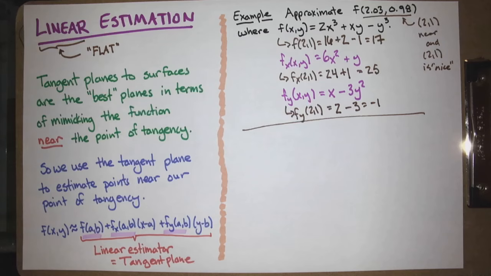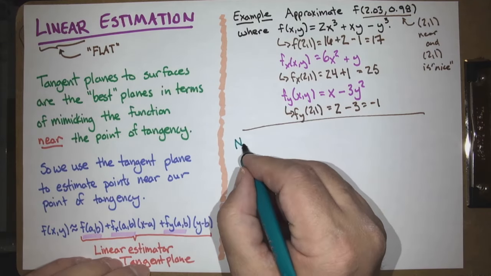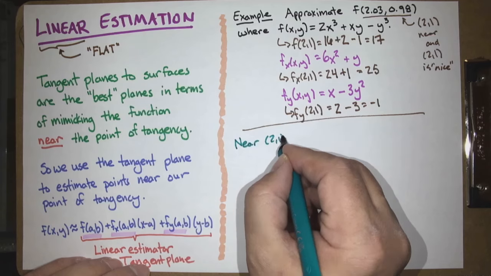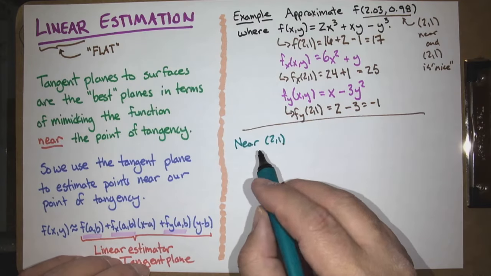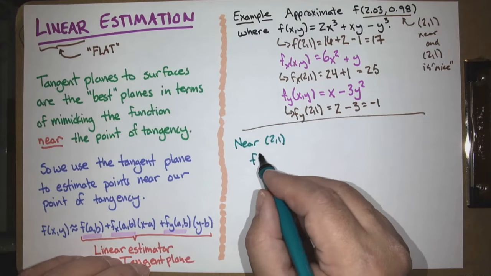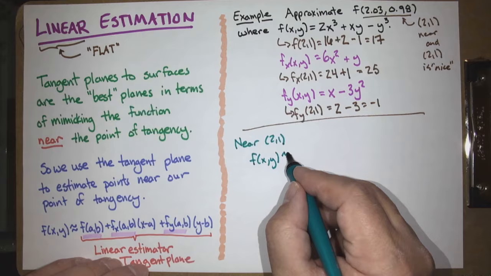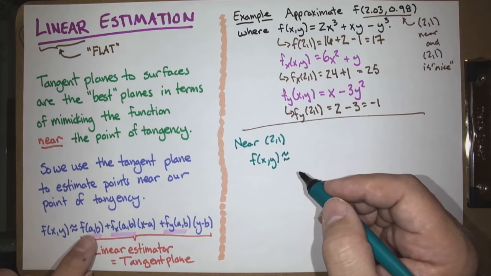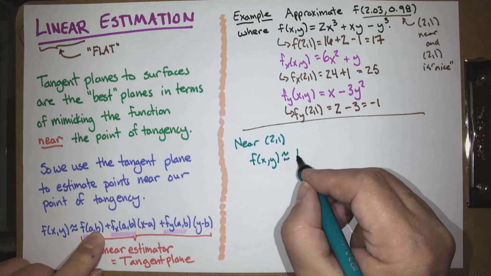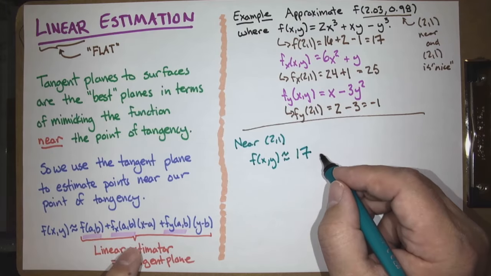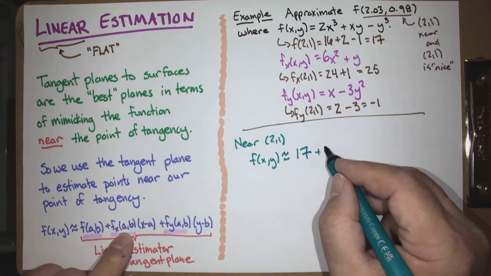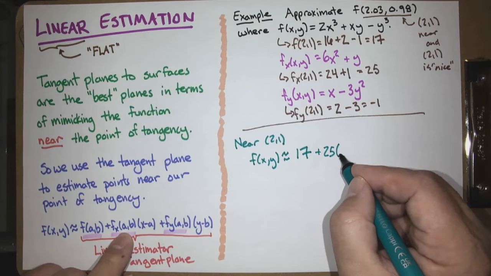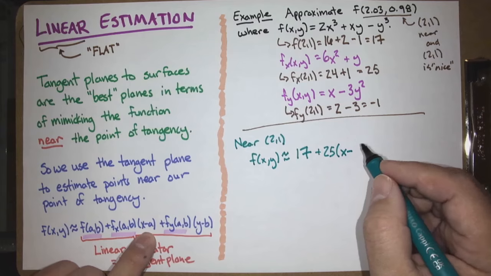So at this point, we can put this together and say, near our point 2, 1, and 2.03, 0.98 is near, at least we think it is, f of x y is approximately, and now we put our pieces together. The function at 2, 1, 17, plus the derivative, f sub x at 2, 1, 25, times x minus a.